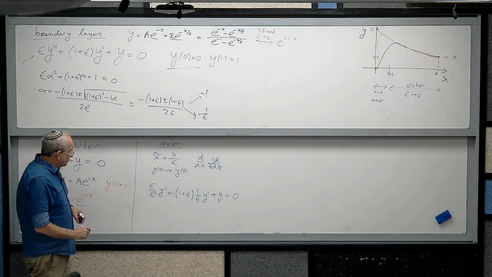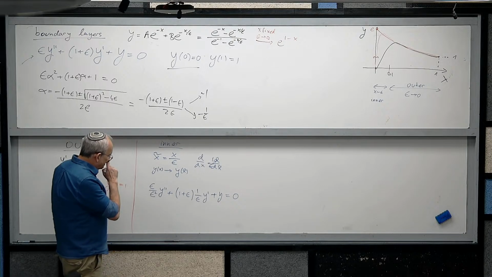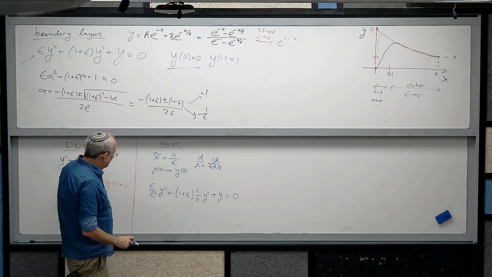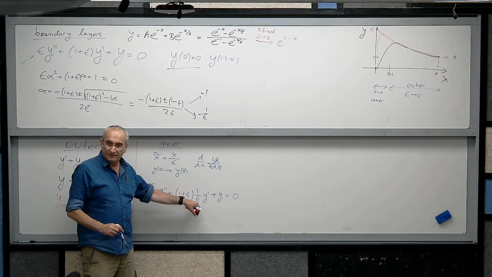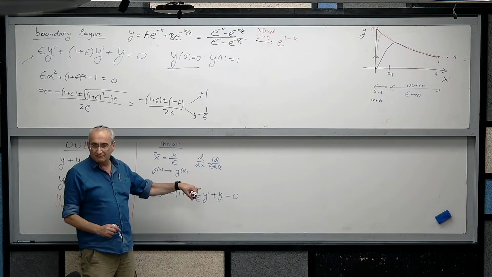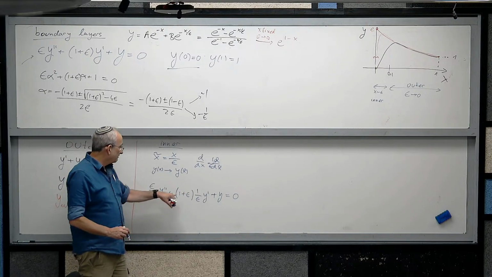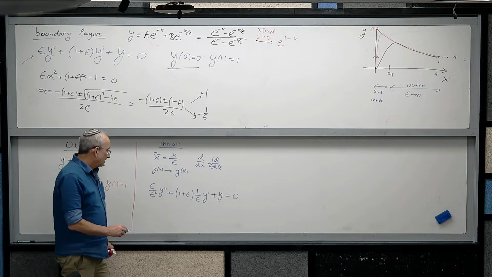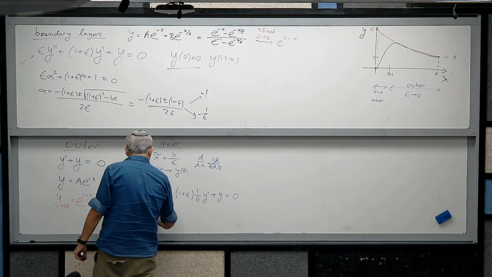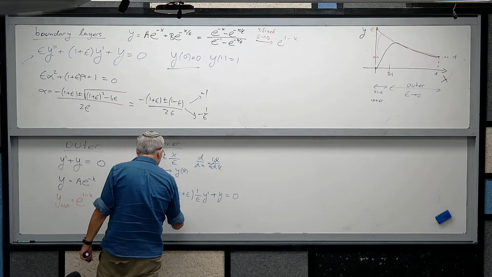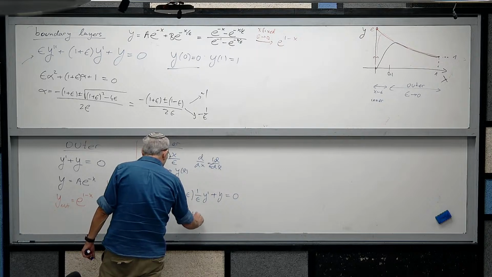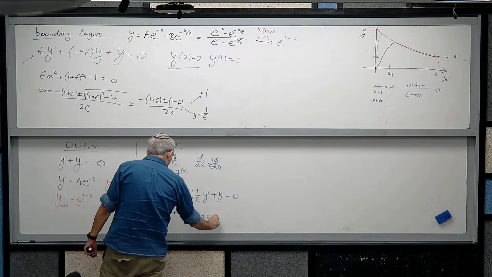Okay. So I have something that goes like 1 over epsilon here and here, and all the others go like order 1, so I will multiply everything by epsilon. After multiplying by epsilon, I will have y double prime plus y prime, which is 1 over epsilon times epsilon, plus epsilon y prime plus epsilon y equals 0.